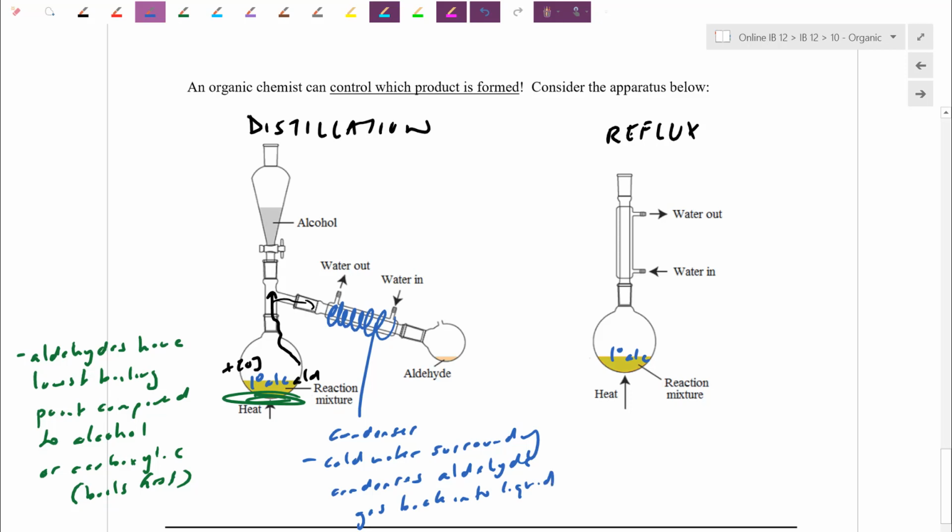So I purposely made it a gas so the aldehyde can escape from the alcohol and from the carboxylic acid. As I shunt it down this side here, the hot gas runs into a really cool environment and ends up forming little droplets of condensation. Those droplets are running off into the other container, and there I've collected the aldehyde. This is called the distillation setup.